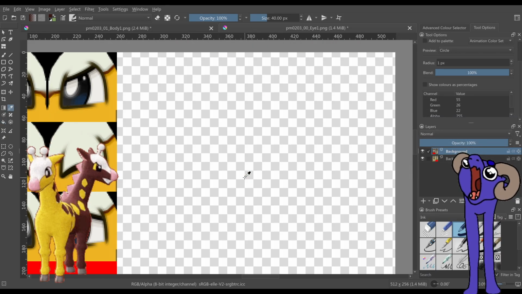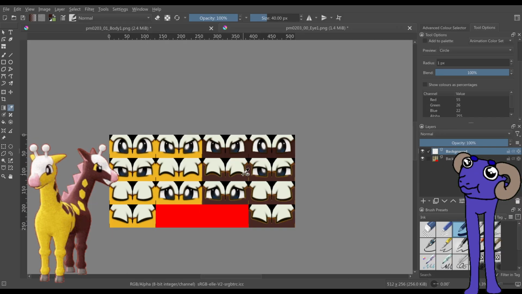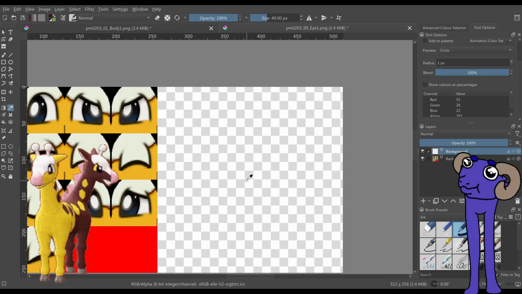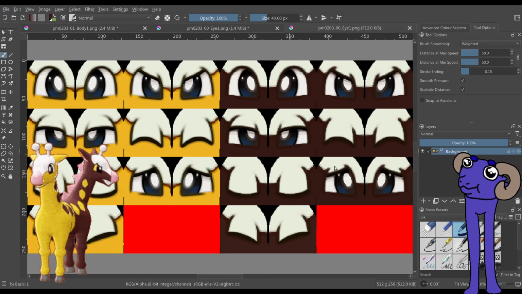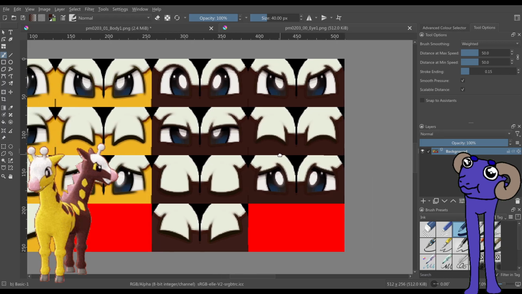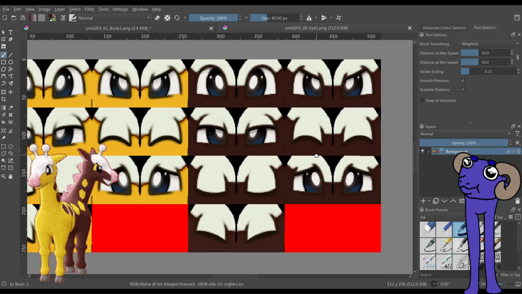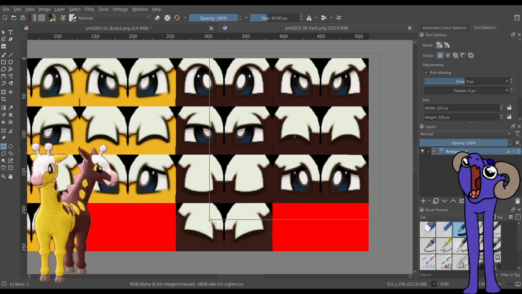Huh, the undo function's bugged. That whole image is bugged. I gotta reopen it. Now that is strange that that happened like that.